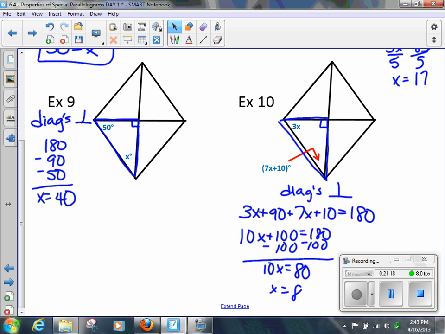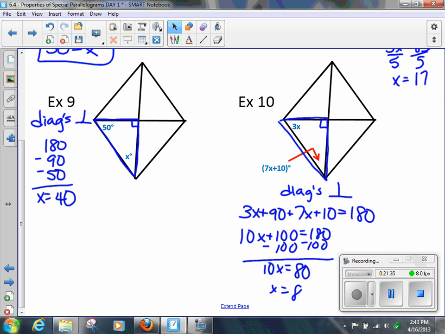It's just 90. The two acute angles in a right triangle always total what? 90 degrees. That's another way for us to set the problem up and still get the same answer.